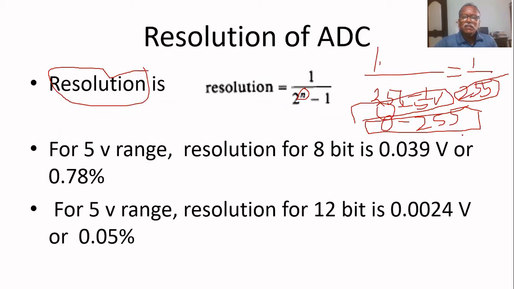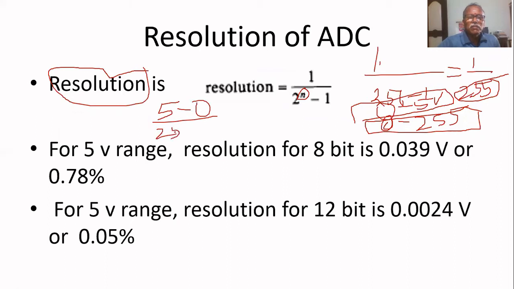It means the difference between one code and another code is 1 by 255. In other words, the input is 0 to 5. What is the input range? ADC 0 to 5 volt. What is the output range?